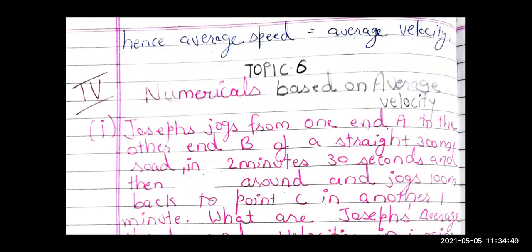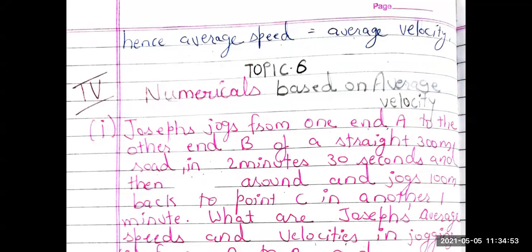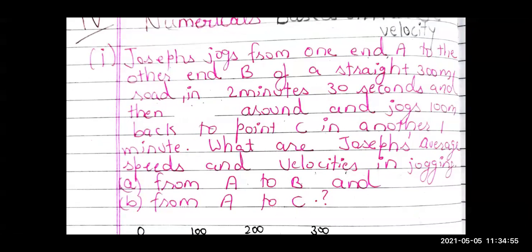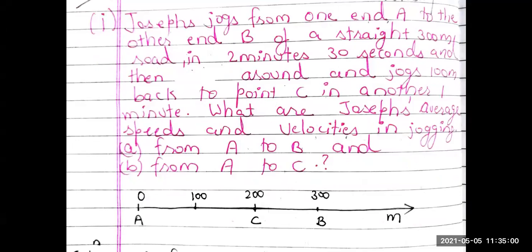Okay. Now let's see some numericals based on average speed. Let's read the question. Joseph is jogging from one end A to the other end B of a straight 300-meter road in 2 minutes 30 seconds.